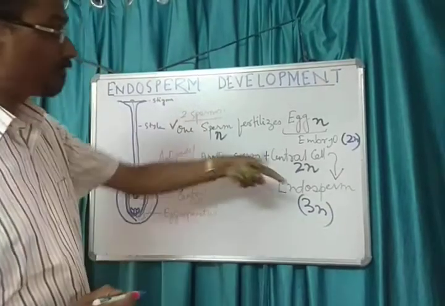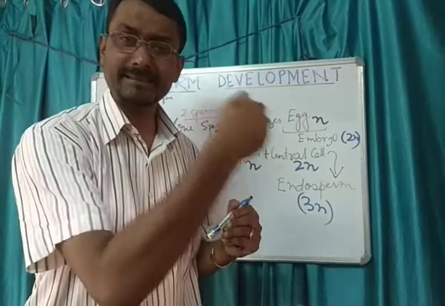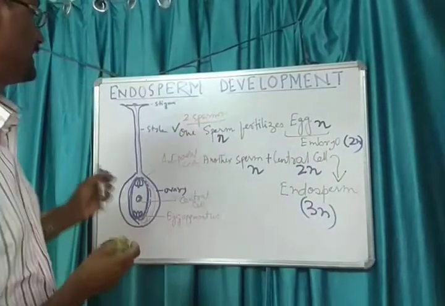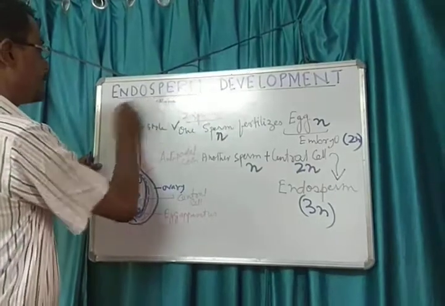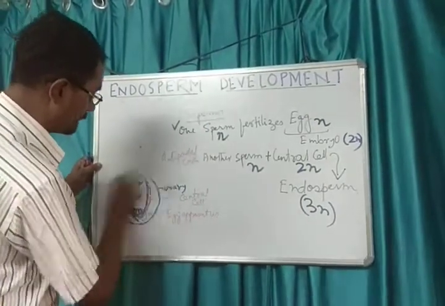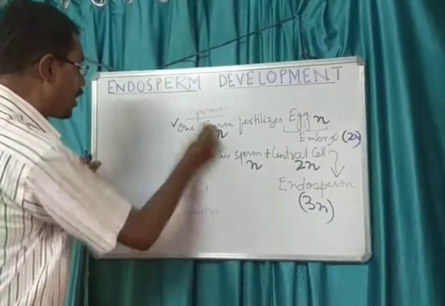Now, development of the endosperm in angiosperms takes place in three important ways that we are discussing today. Now, what are those? They will be coming one by one. First of all, let's know the name of each one.